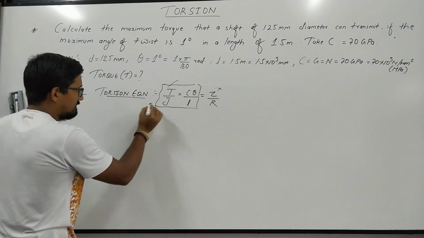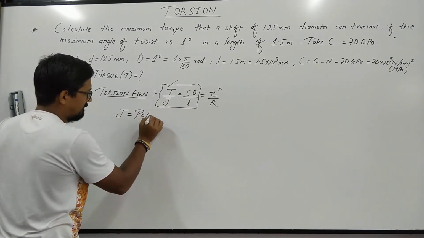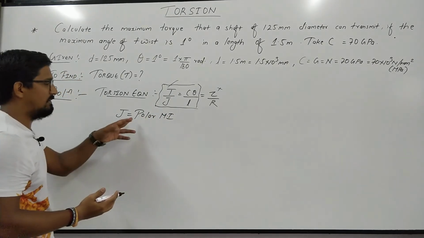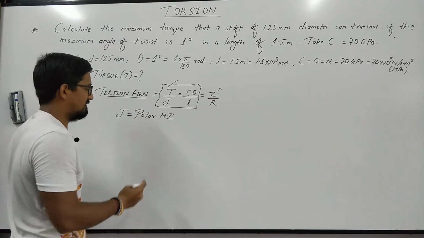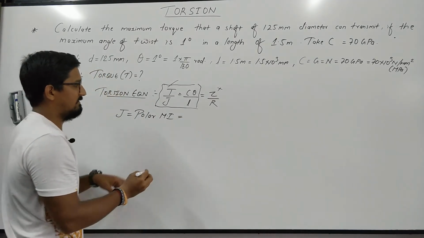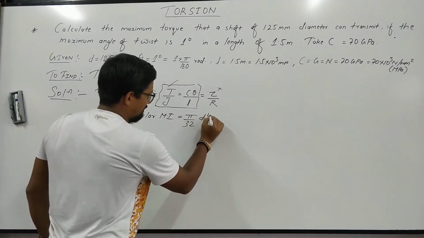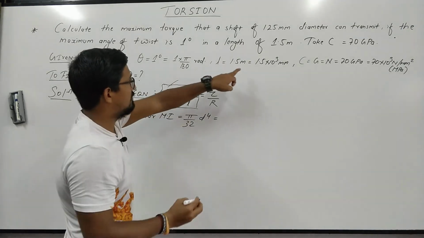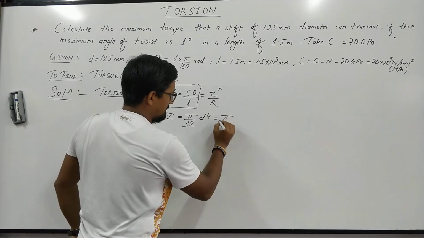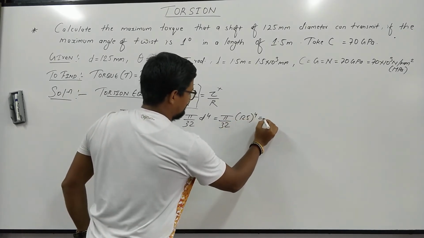This J is the polar moment of inertia, which is nothing but the moment of inertia about the third axis, or we can say the ZZ axis. The polar moment of inertia for a solid shaft is given by pi by 32 d raised to 4. We have the value of d, 125 mm. So pi by 32 into 125 raised to 4.